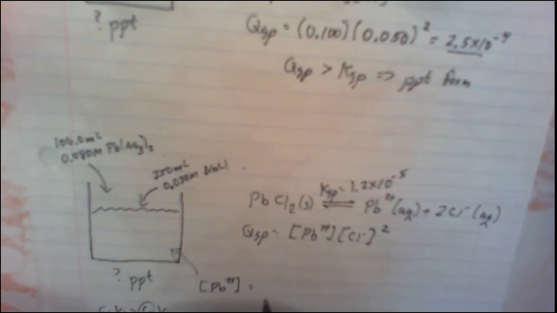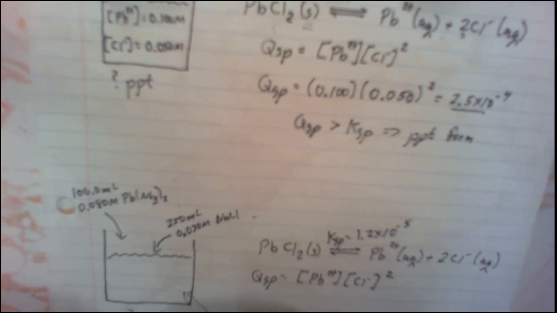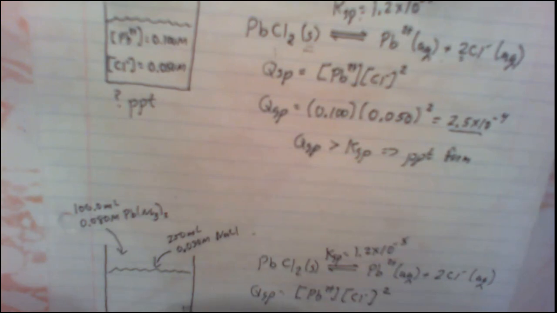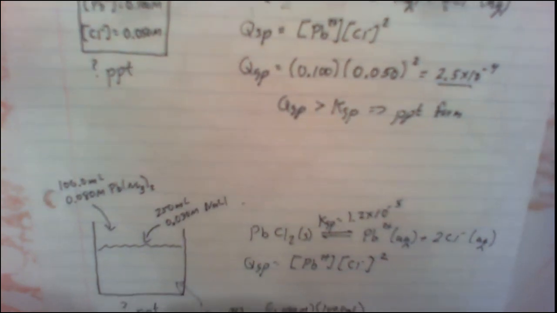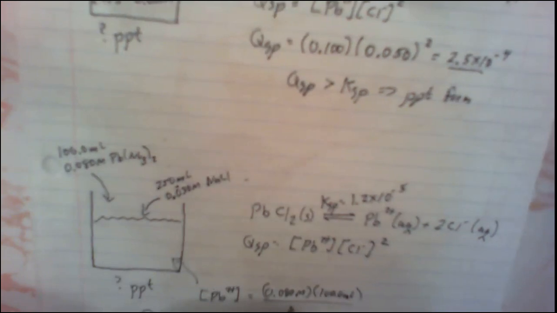So the concentration of lead is going to be equal to C1, so that's equal to our 0.08 moles per liter lead times V1, 100 milliliters, divided by the new volume. The new volume is going to be 250 milliliters plus 100 milliliters, or a total volume of 350 milliliters.